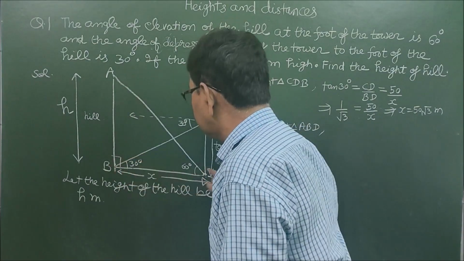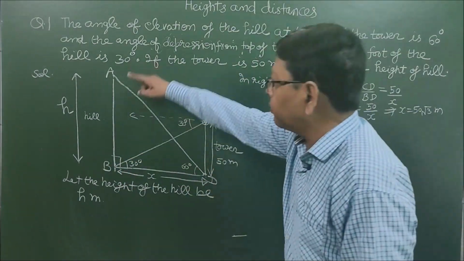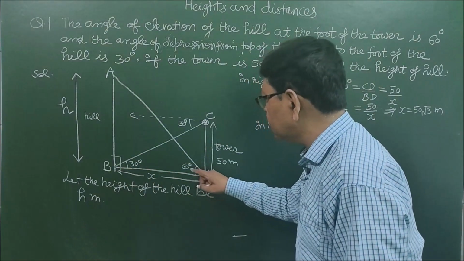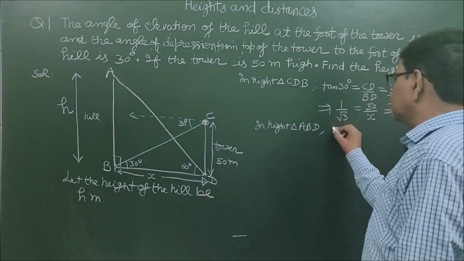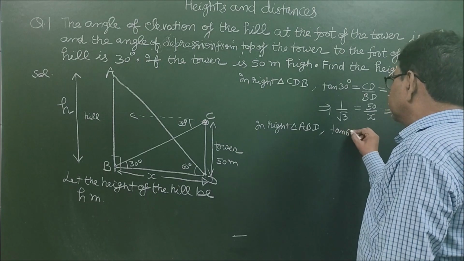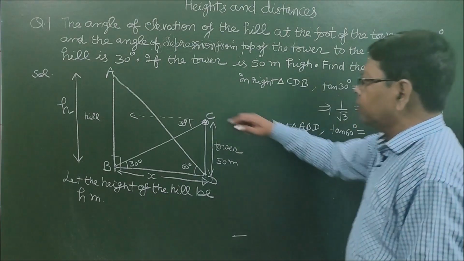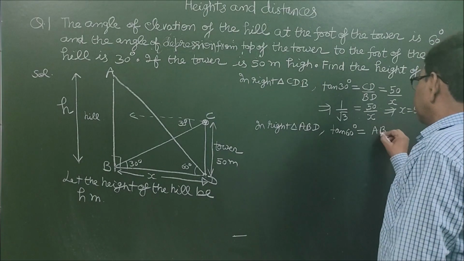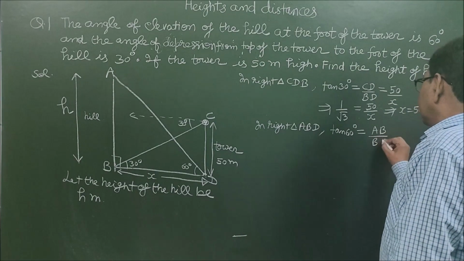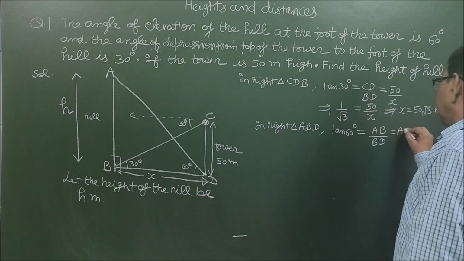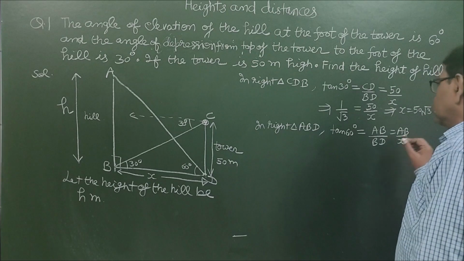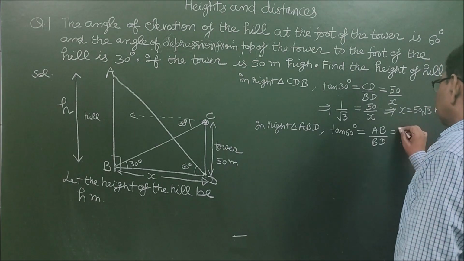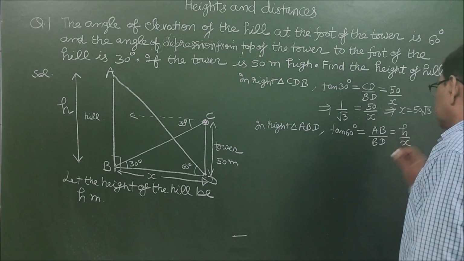So we will consider perpendicular upon base, tan theta. Tan 60 degree is equal to perpendicular, which is AB, upon base BD, which is x. AB is equal to h, so this is h upon x.